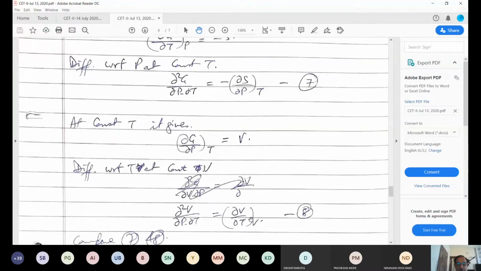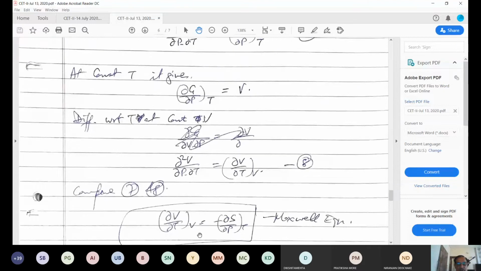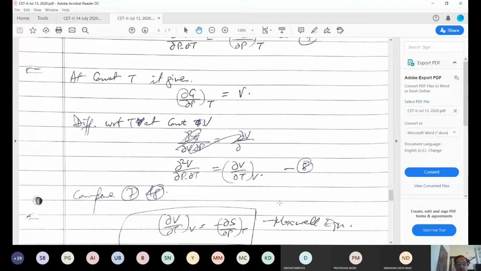I think here I've written correctly. No, here it's also wrong. Delta S by delta P at constant temperature.